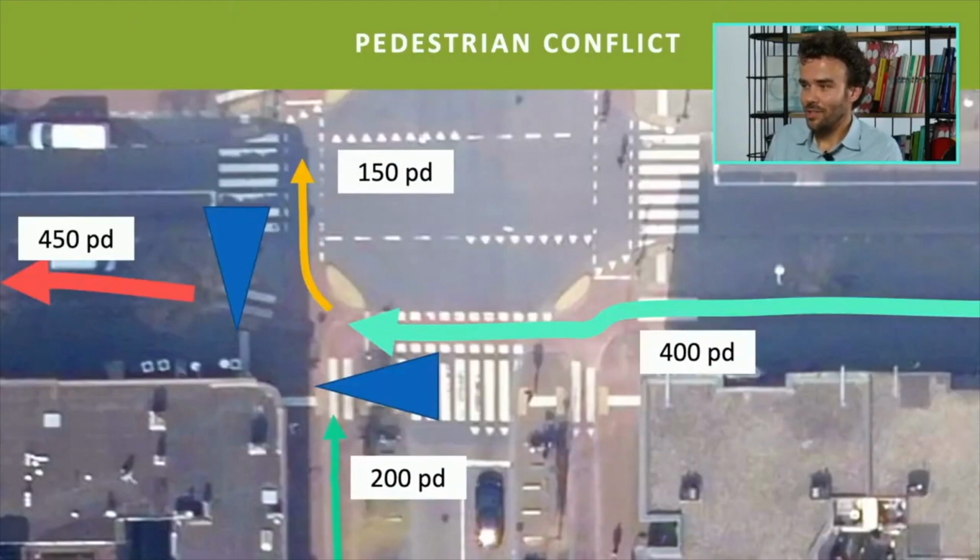If we compare that to a Dutch intersection, if you have 2 pedestrians trying to cross, the pedestrian on the bottom there only has to cross paths with 200 cyclists a day. And the pedestrian that's trying to cross northbound, I hope you're still with me, is having to cross 450 cyclists per day. So that adds up to 650 cyclists for the 2 pedestrians combined.